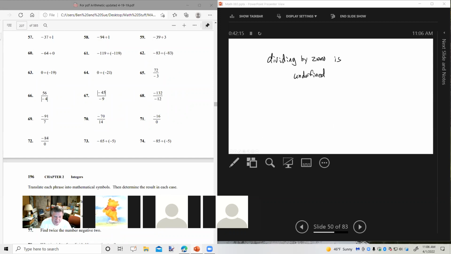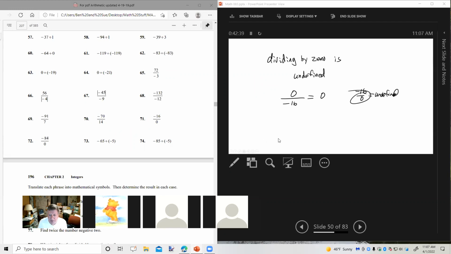So -16 divided by 0 is not negative, it's not positive, it's not 0, it's undefined. 0 divided by -16 would just be 0. But -16 divided by 0 would be undefined. We can't divide by 0. It's a big no-no.